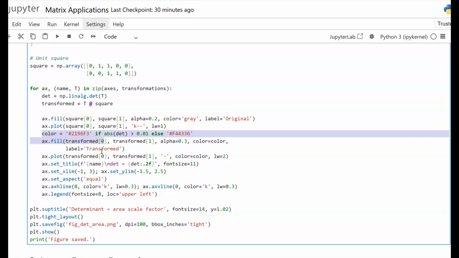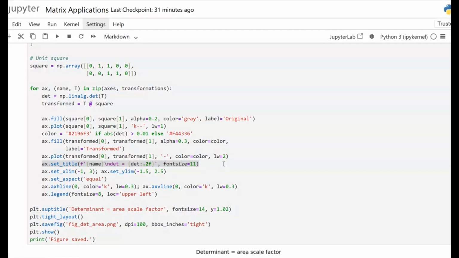Red specifies near-zero determinant, where area is collapsed. We also have the title, which displays the transformation type and determinant. Let me execute and observe the result.